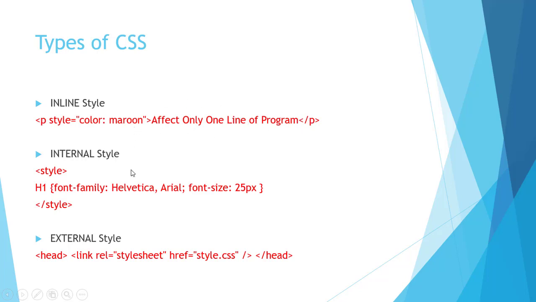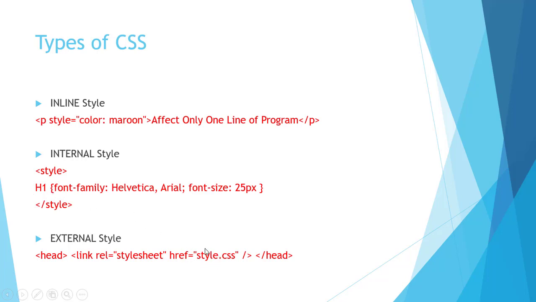In internal style, you have to write within the style tag, and the style tag comes within a head tag. So you have to write the tag name, and in curly brackets you can add your attribute and the values. In external style, the same thing you need to write, but in another file.